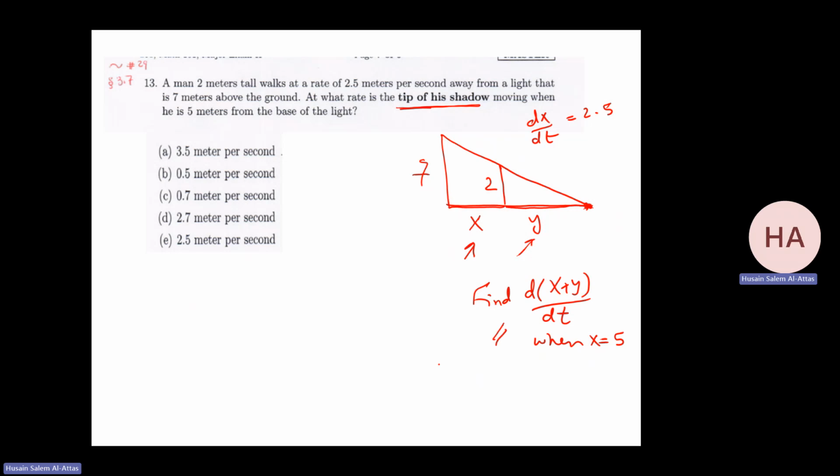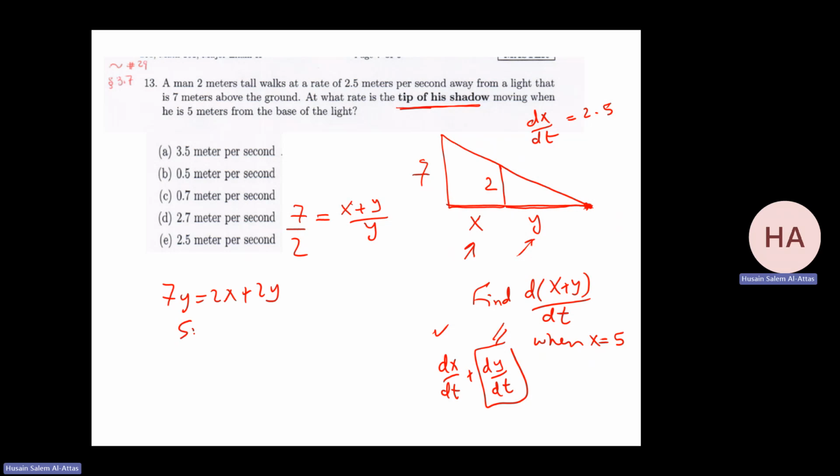So actually, I want dx by dt plus dy by dt. This is given. I need to find this using what we did before. So I have the relation, 7 over 2 equals x plus y over y, similar triangles. In other words, I have 7y equal to x plus 2y. So 5y equal to x.